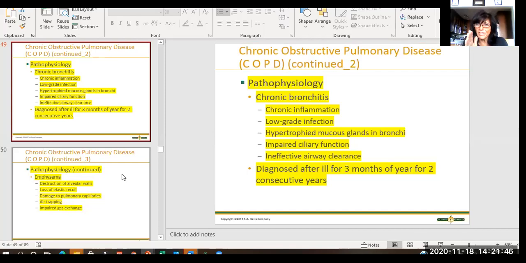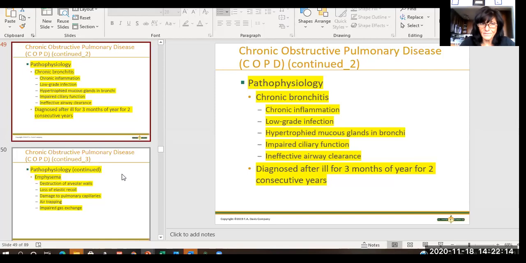The cilia, the little hairs in there, can't really get rid of dust and things that don't belong. They don't work right. So there's not an effective airway clearance. How do we diagnose chronic bronchitis versus just, I have a case of acute bronchitis? They have to be sick 3 months every year for 2 consecutive years in a row. And then it goes from being acute to being chronic.